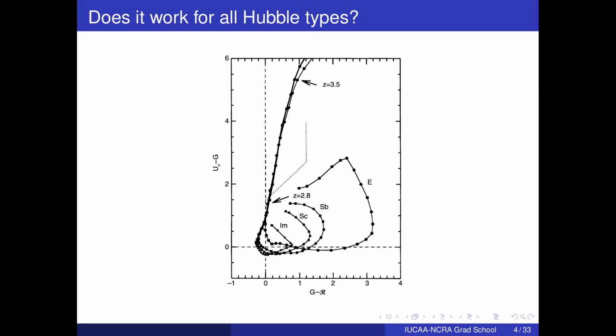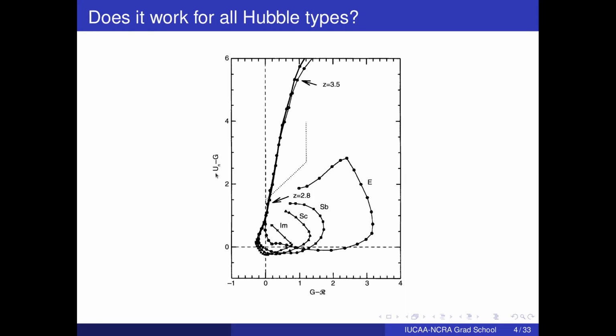There are no grand design spirals at redshift 2.8, etc. But there are galaxies that are star forming like spirals, or there are galaxies that are quiescent like ellipticals at these high redshifts also. So you will pick up essentially all kinds of galaxies with a bias towards star forming. And we'll see that in a minute.